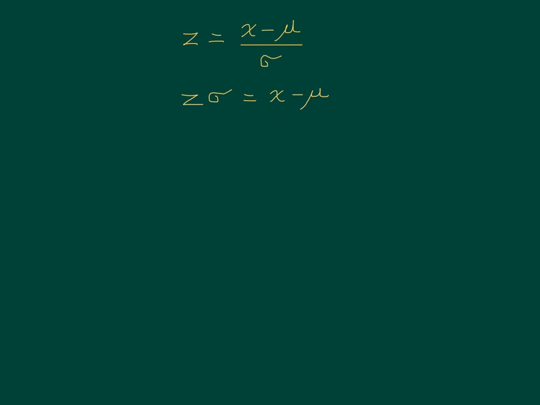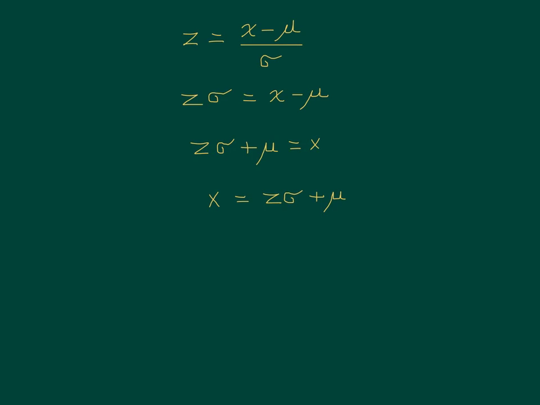Remember, we're solving for x, so I'm going to add the mean height to both sides. I have z times the standard deviation plus the mean height gives us our actual height for that z-score. So x is equal to our z-score times the standard deviation plus the mean.